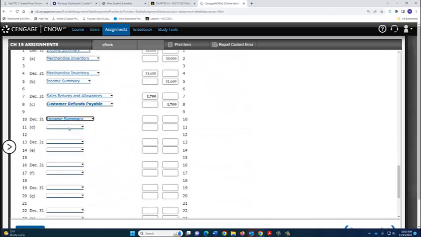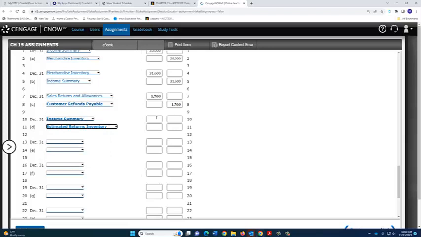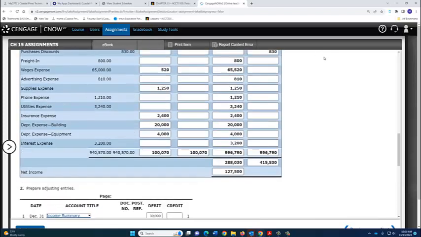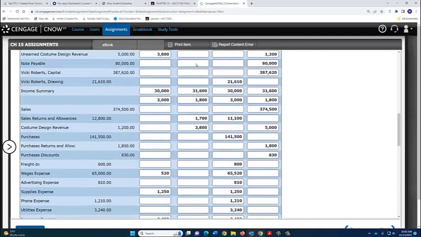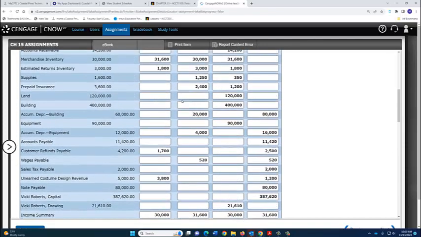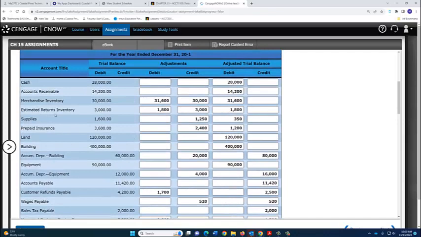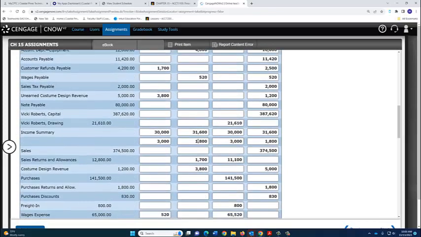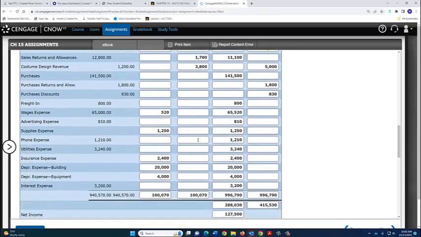So debit income summary and credit estimated returns inventory for the $3,000. And then we had to put in the new figure. We did that by debiting estimated returns inventory for $1,800 and crediting income summary for $1,800.